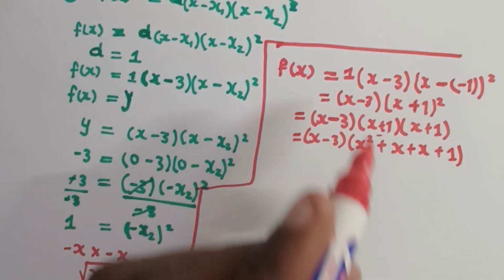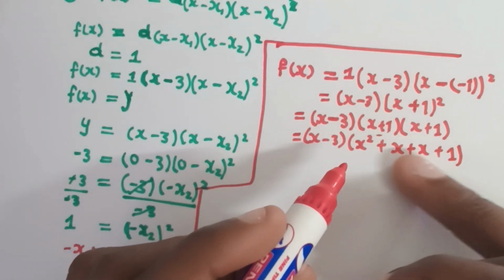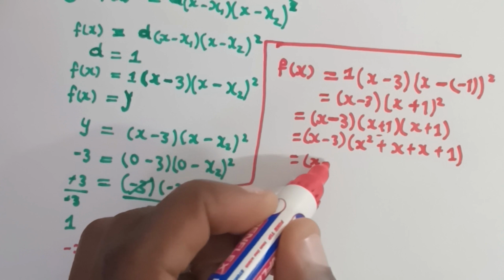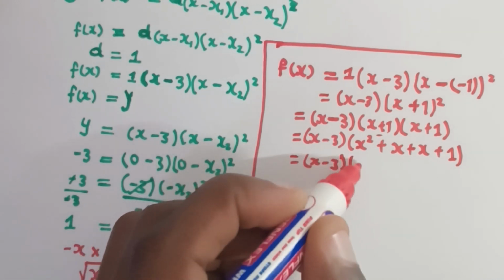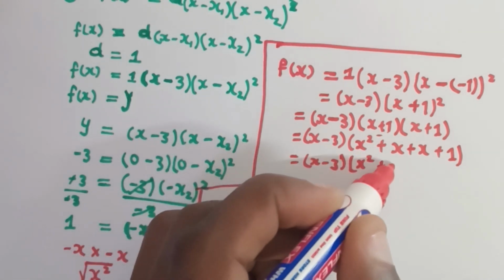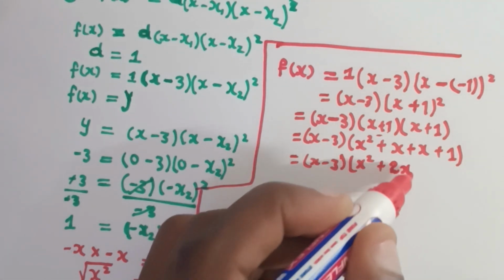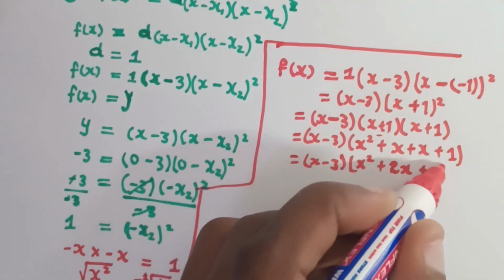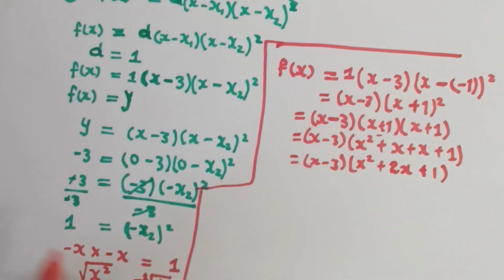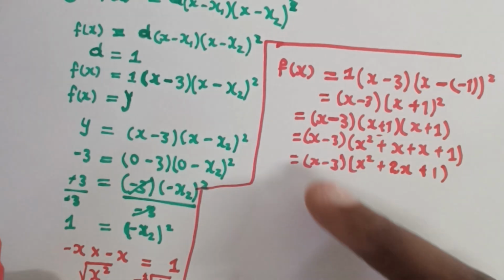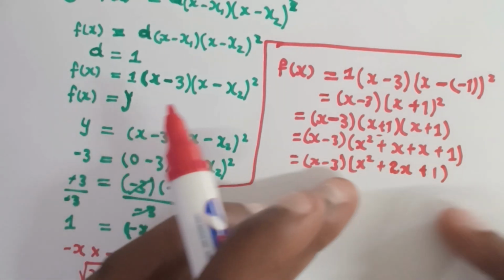So now these ones are the like terms. I will say here x minus 3, and we get x squared plus, when we add them out, they give us +2x, and then with a +1. Now we will try to break this one out.